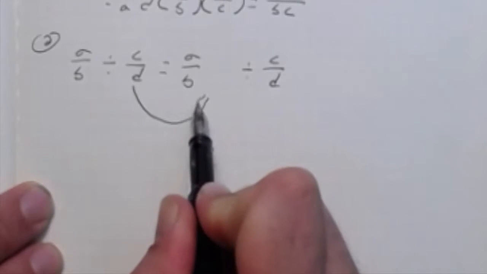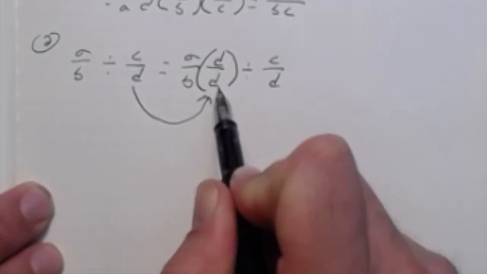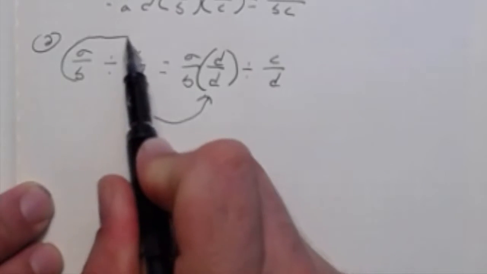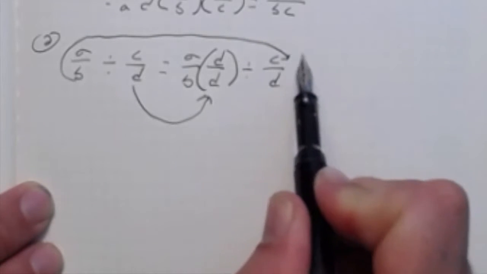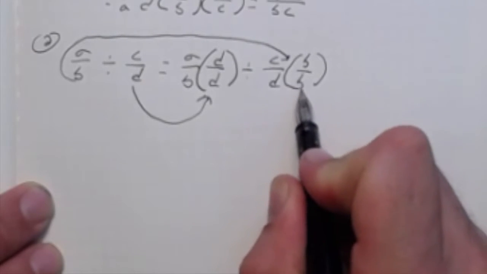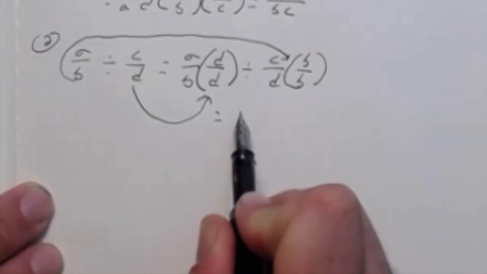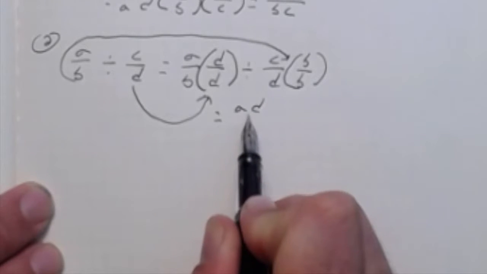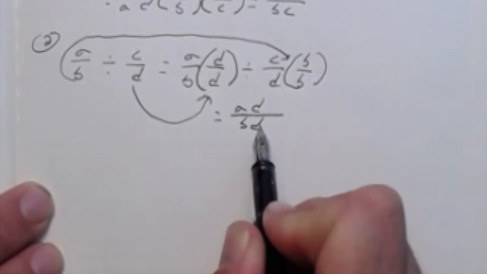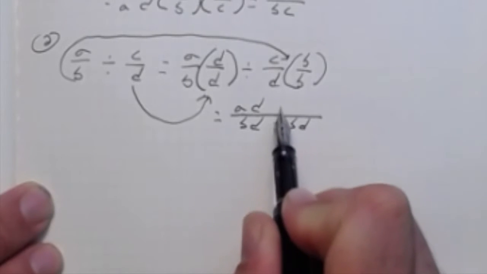Now I'm going to multiply my entire first term by the denominator, so d over d. And I'm going to multiply my entire second term by the denominator of the original first term, or b over b. This way, when I multiply them, I get a times d divided by c times b, all as the numerator, over b times d divided by b times d.